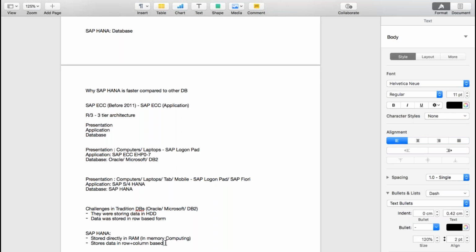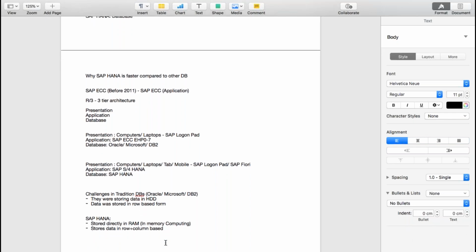Business processes are simplified. I told you one of the major challenges was FICO reconciliation. This challenge has existed for years. Although we have very good functionality within controlling, reconciliation is always an issue in SAP.